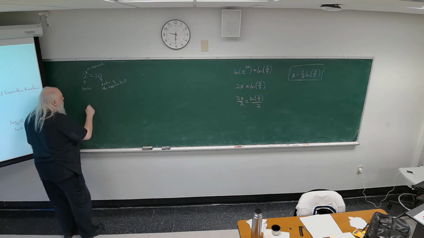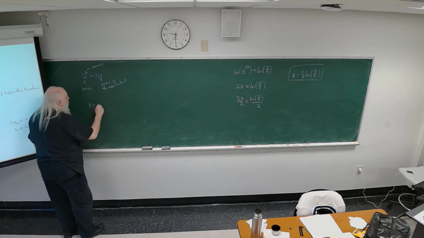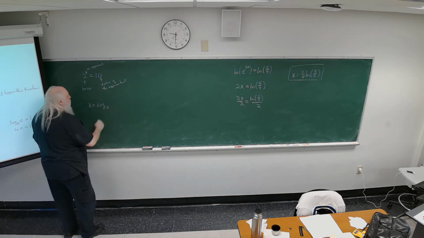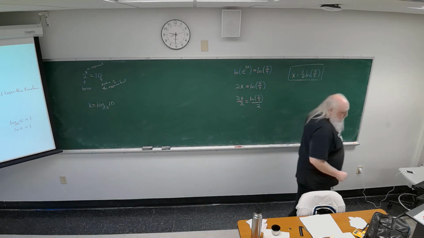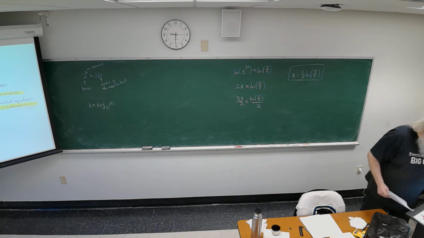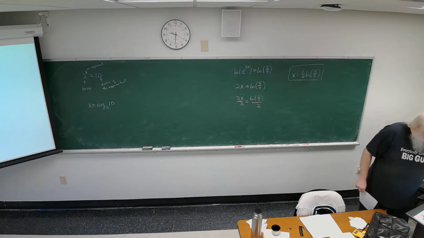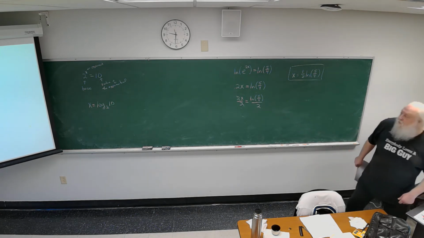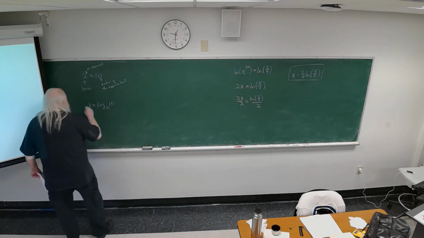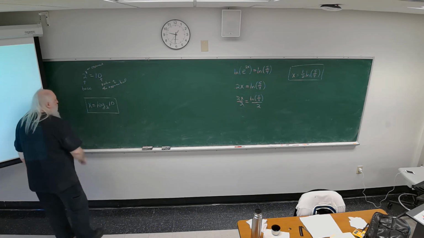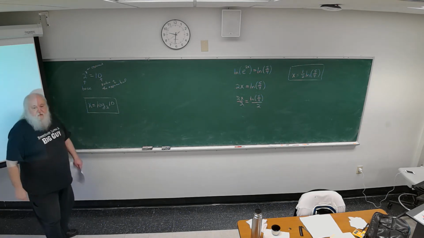The exponent x is equal to log base 2 of 10. Back on page 1, in example 2, we learned how to change an exponential statement like that one to an equivalent logarithmic statement. So this is one way to write the solution to this exponential equation. X is equal to log base 2 of 10.